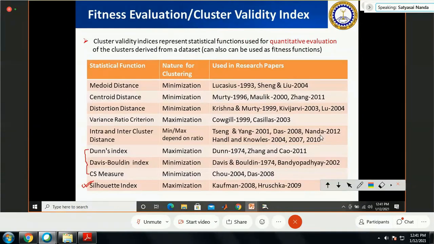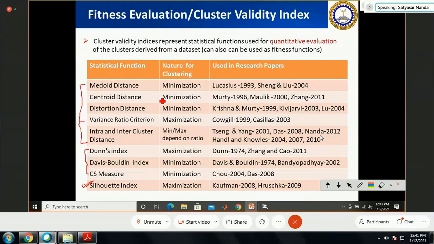And these are the medoid distance, centroid distance, and median distance. The mathematical analysis of the rest of these functions is also given in that particular paper.